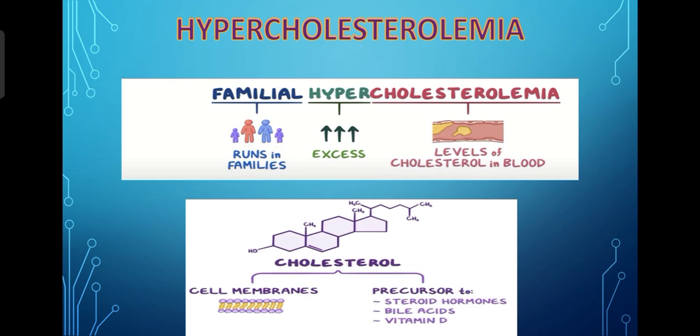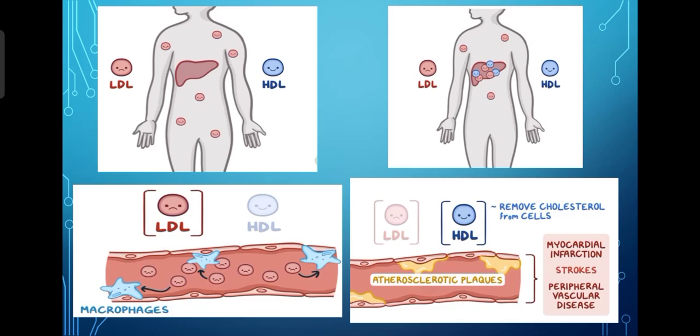In cholesterol we have LDL and HDL, two different forms of cholesterol, that is low density lipoprotein and high density lipoprotein. High density lipoprotein is a good cholesterol, we say, and low density lipoprotein is a bad cholesterol. So high density lipoprotein helps to remove the excess cholesterol in your body.